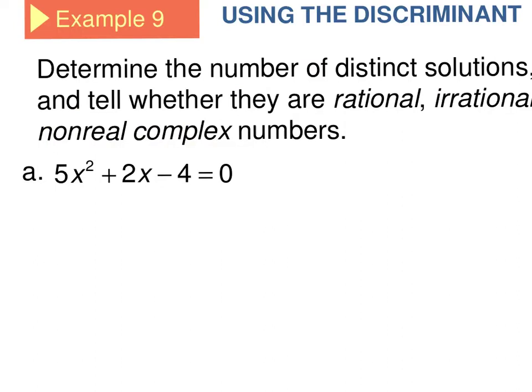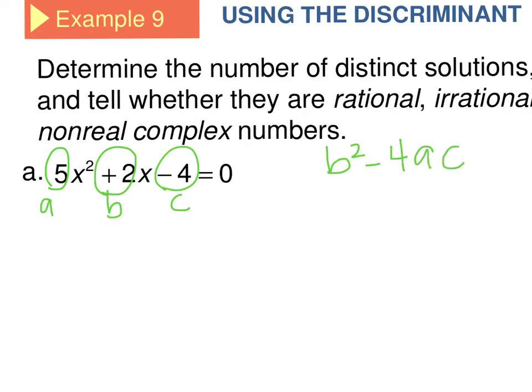Okay, so in these last few examples, we just want to evaluate the discriminant for each part. So this is already in standard form. I know my a, my b, and my c. Here is b, 2, and here's a and c. And the discriminant is b squared minus 4ac.